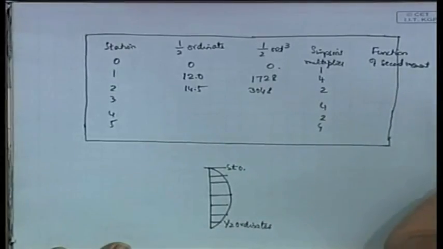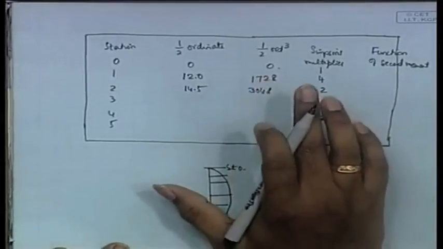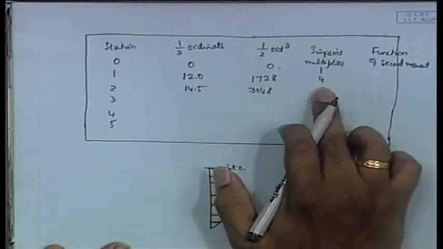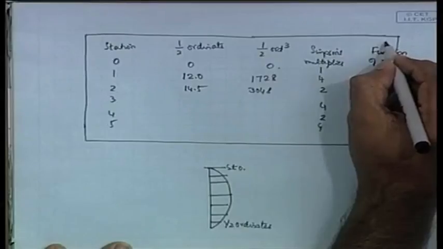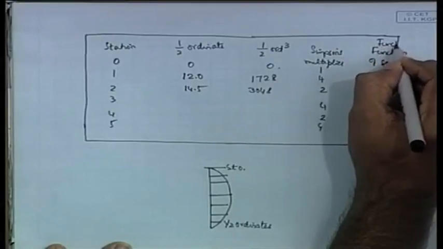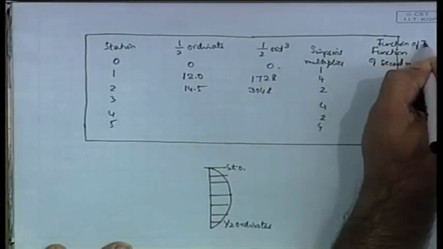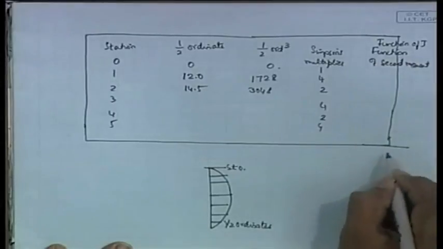Is it becoming too complicated? You have got the half ordinate cube, you multiply it with the Simpson's multiplier, you get a function of the second moment. You are actually getting your function of I, and from the function of I, you sum them up.